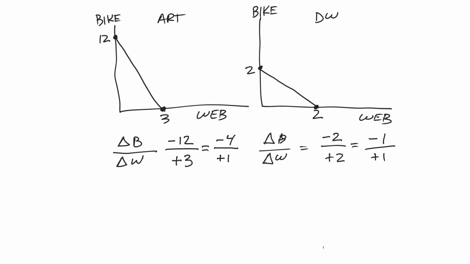Now it does jump out at us. Who has the comparative advantage in web page production? Well, it looks like it's DW. One web page costs her only 1 bike repair. For Arthur, one web page costs him 4 bike repairs. So DW has the lowest opportunity cost in the production of web pages.